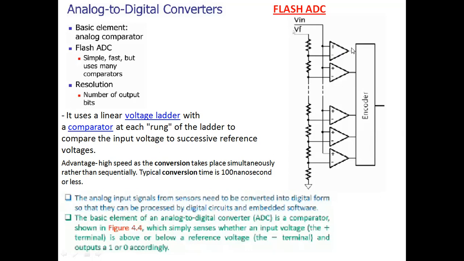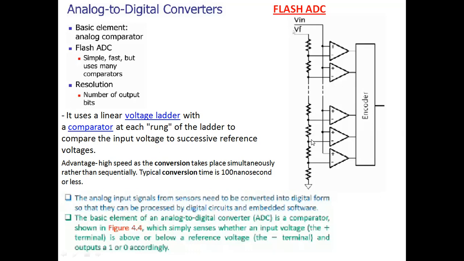Now if you see the next comparator, for example the last but one comparator, here the input voltage of 3 volts is applied to the non-inverting terminal, and here is the resistor tapping voltage at this particular point, which gets applied to the inverting terminal. Whether this 3 volts is greater than the resistor tapping voltage is based upon the resistor value.